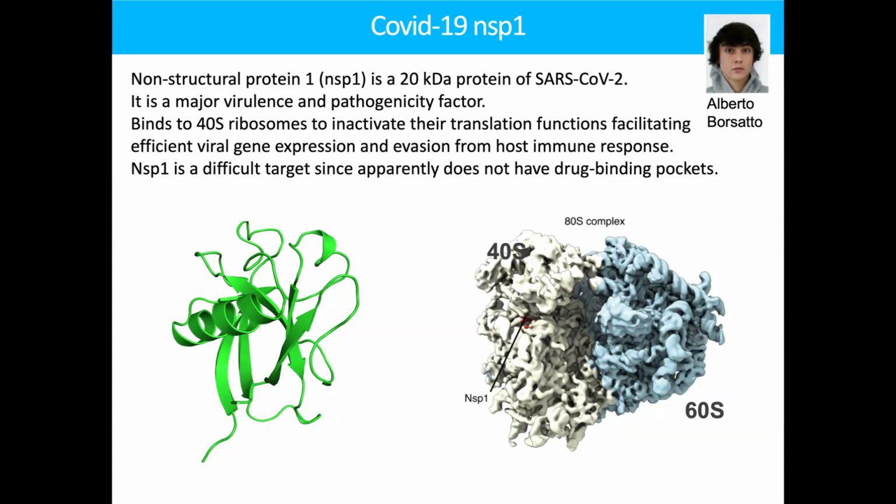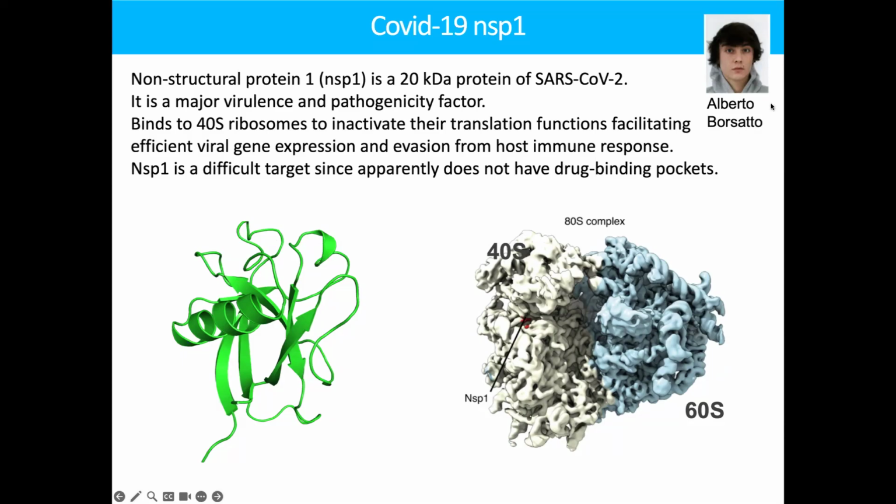Interestingly, it recognizes viral RNA. So it unblocks the expression when you have viral RNA and blocks the expression when you want to have an immune system response. This is a very peculiar and interesting target, but also a very small molecule that is almost featureless. If you look at it, there are no real cavities.